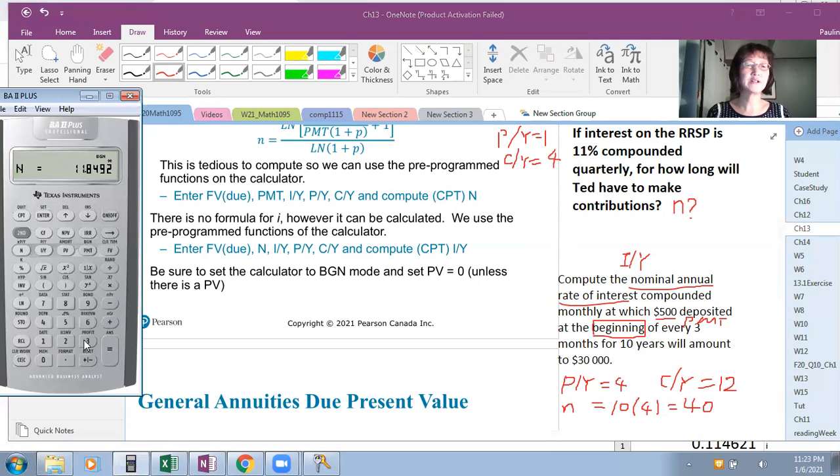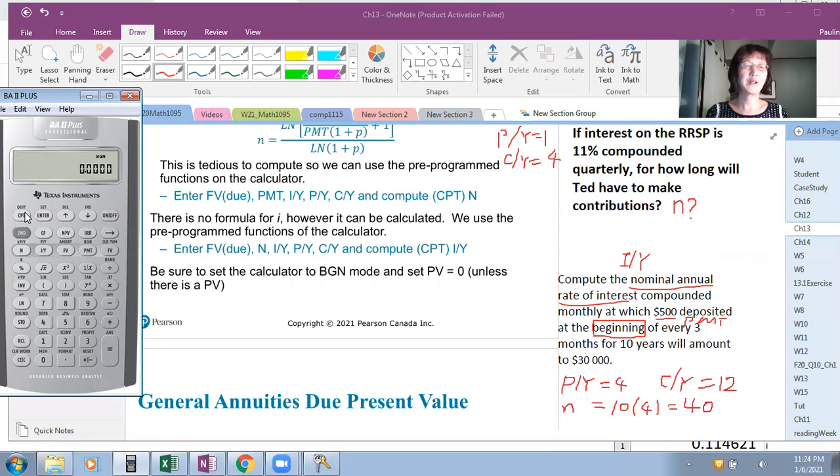Go to the calculator. Second, quit. Make sure it is in begin mode. And then set up PY: second, P/Y, 4, enter. Down arrow key, C/Y 12, enter.